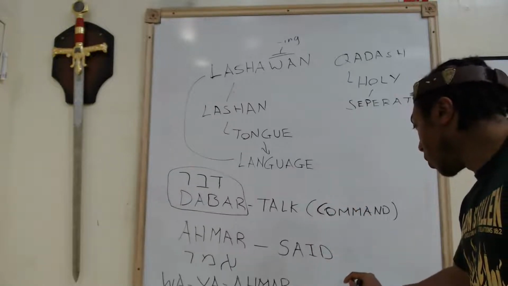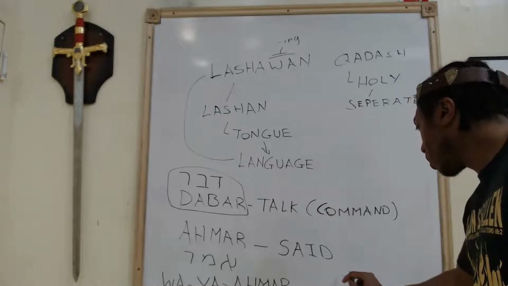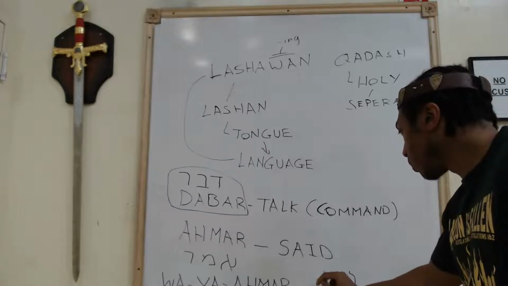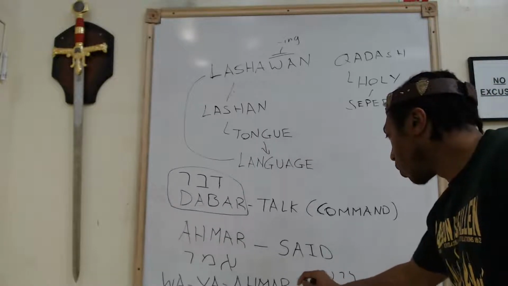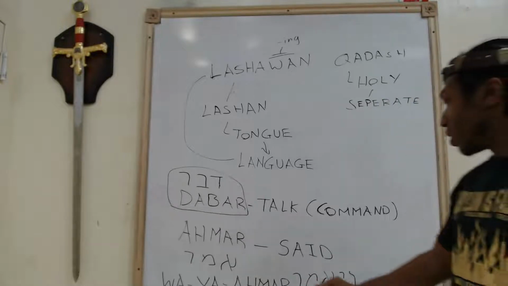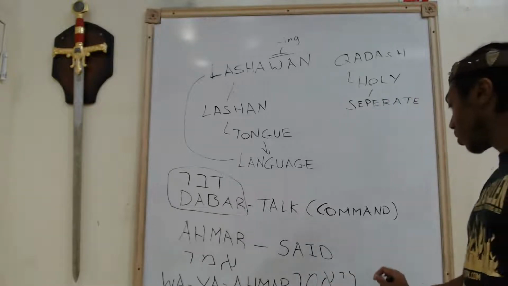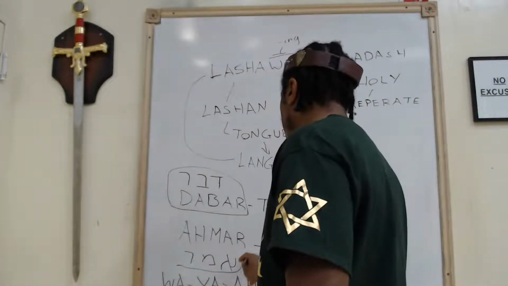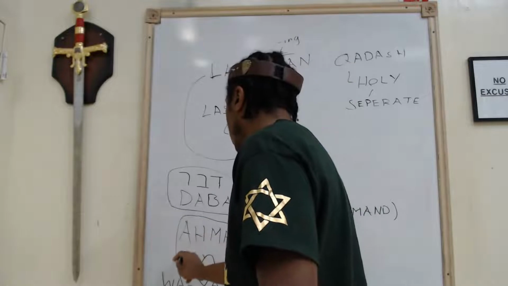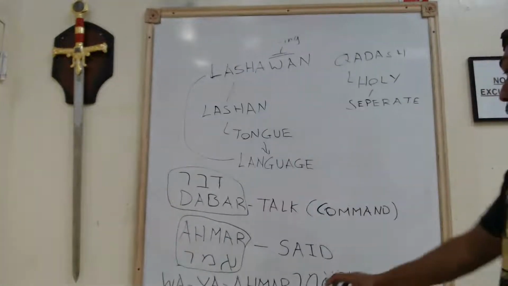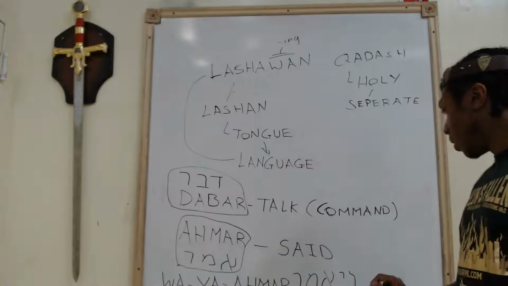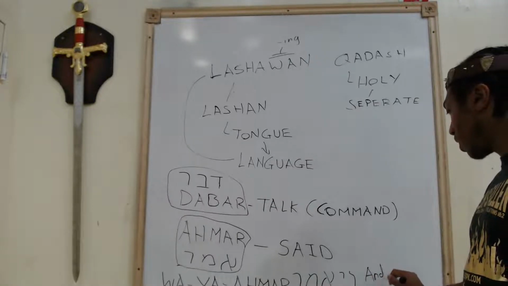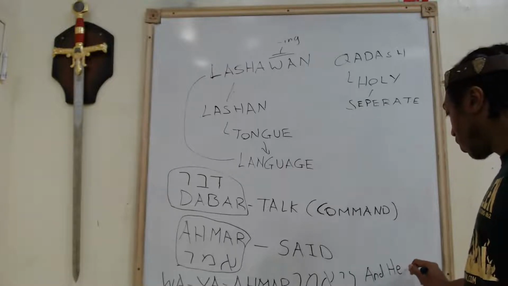So it'll be written like so: Wa, Ya, Amar. This is Waya Amar, and this means all of this down here. Let me group it up so we don't get confused about what's going on with the action on the board. Waya Amar means and he said.